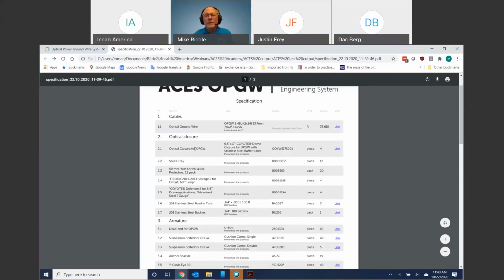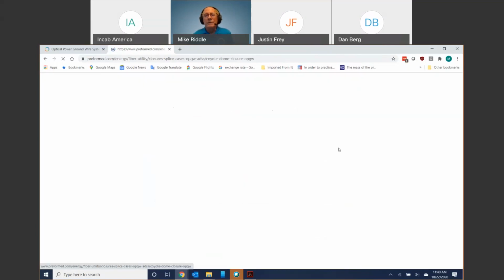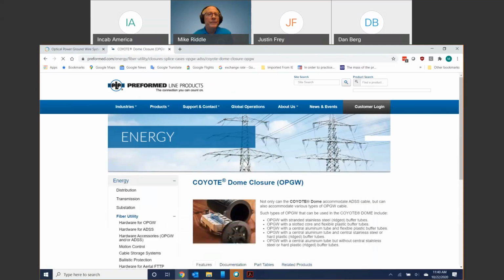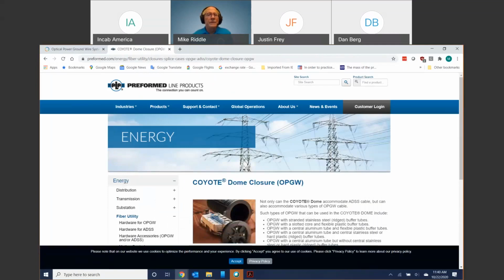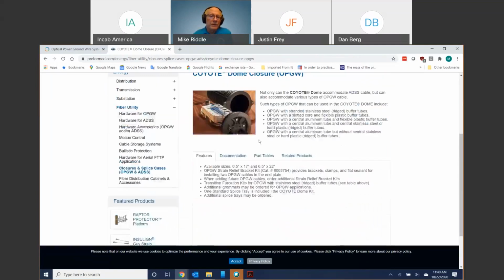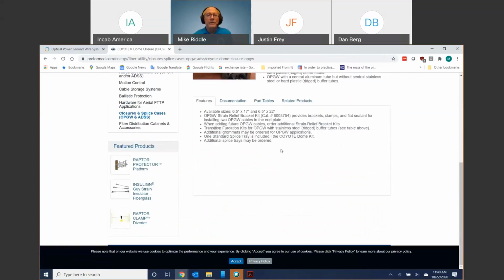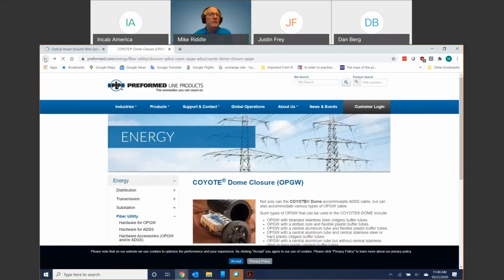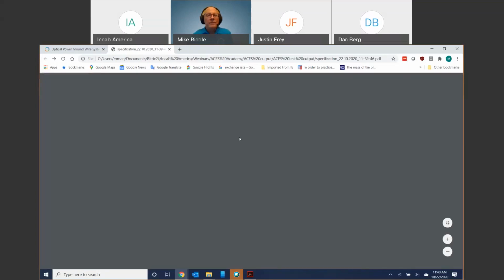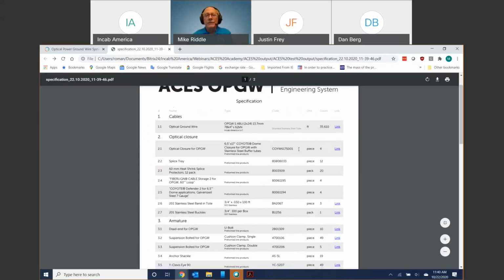Your splice enclosure, you click here where you can get some information about what the program has picked for you. For all of the accessories, it's going to take you to PLP's website, where again you'll get this basic information about that product. And you can see that it's telling you you need 4 closures.